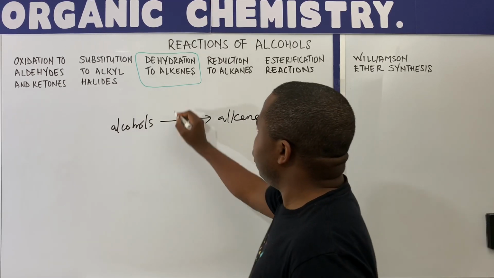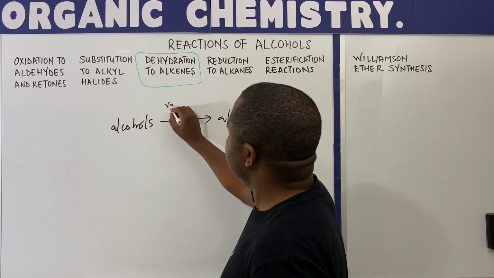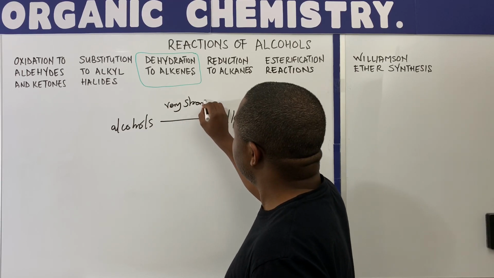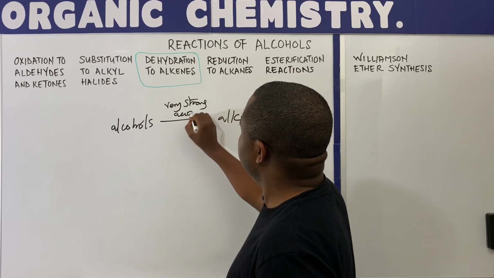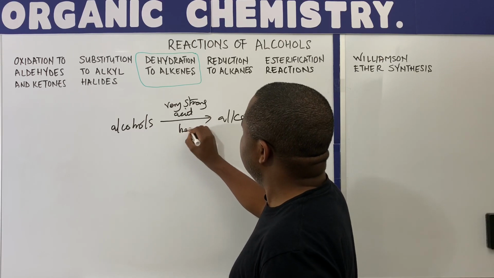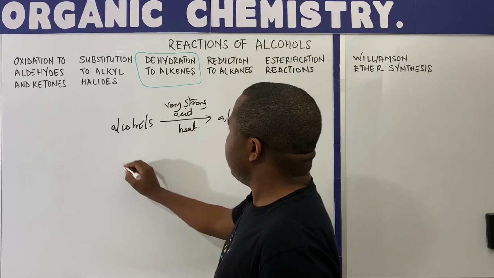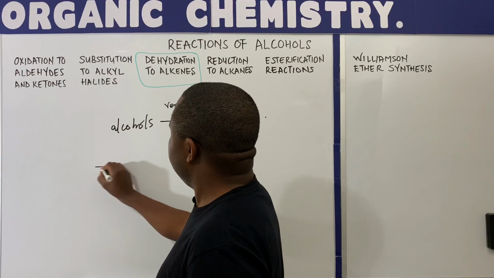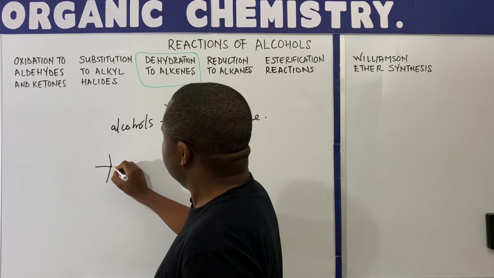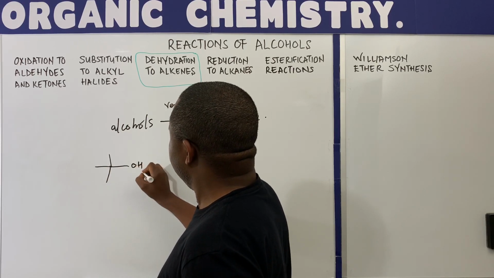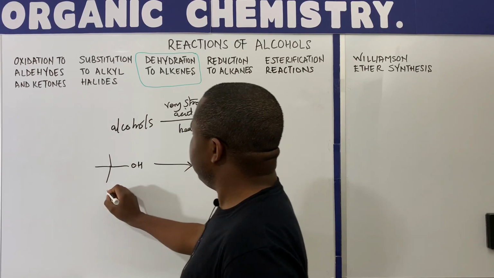And this reaction will require a very strong acid and probably heat. So we're going to have something like this. We're still going to use this tertiary alcohol as an example.